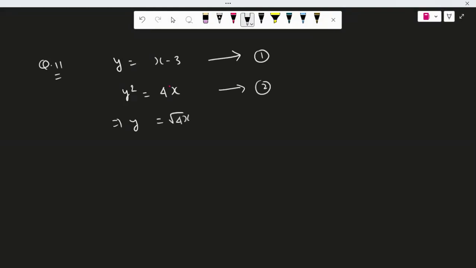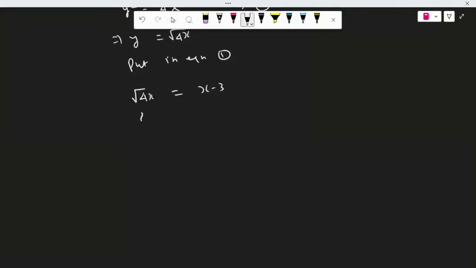y equals root 4x. There is nothing wrong in that. And now put this value in equation 1. In place of y, we will put square root of 4x equals x minus 3. Now, if we want to remove this square root, what do we have to do? We have to square both sides, right?